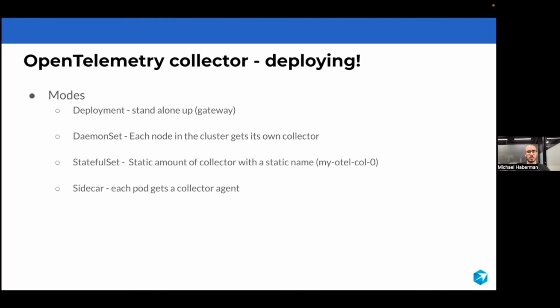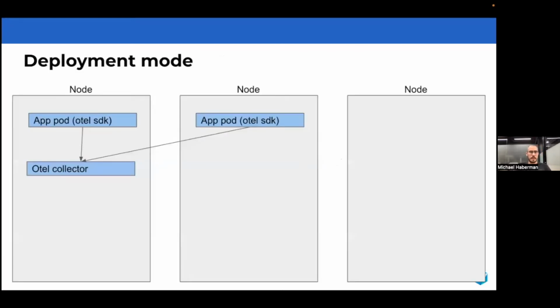That's a standalone deployment. We have the daemonset. That means that each node in the cluster gets its own collector pod. We have a statefulset, that is a static amount of collectors with static names. And you have the sidecar, which means each pod gets its own collector agent. So let's look and figure out what each one of them means.